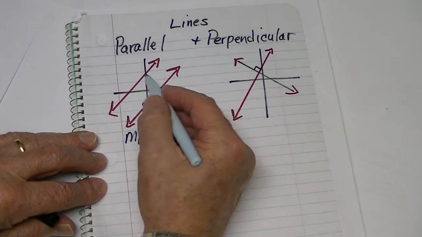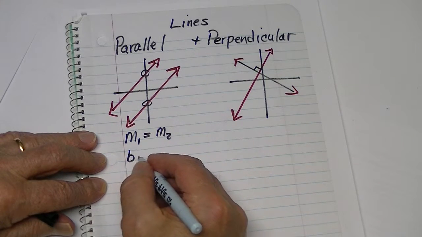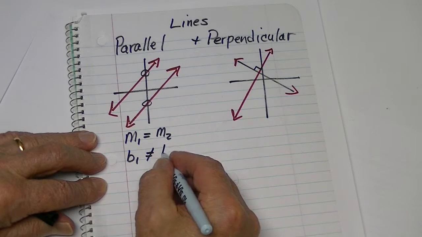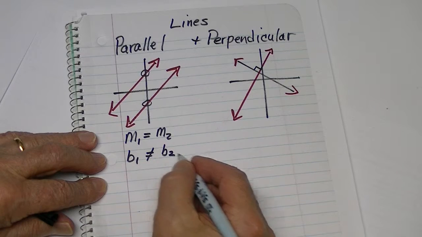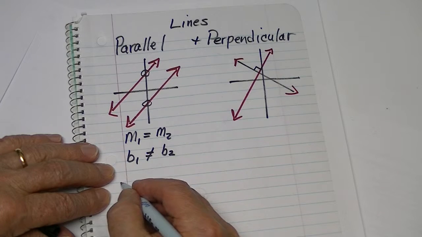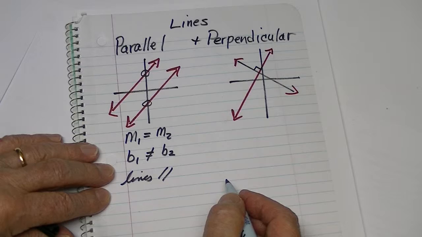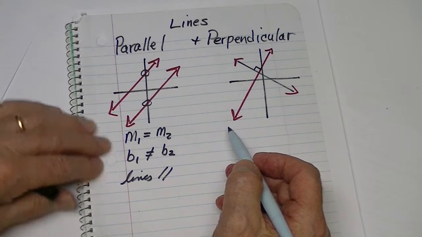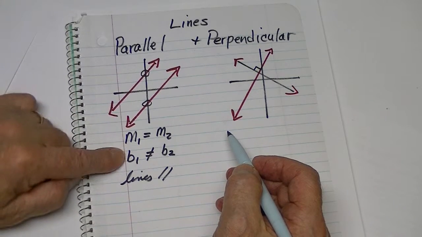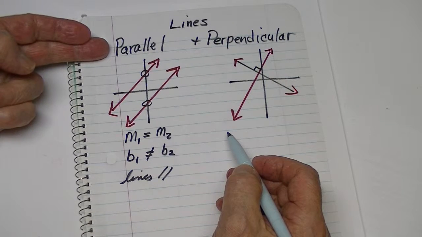Well, this y-intercept and this y-intercept are different, so if the y-intercept of one does not equal the y-intercept of the other, then these lines, we say, are parallel. So once again, if the slopes are the same, but the y-intercepts are different, looking at the graph, we can determine that these lines will be parallel.